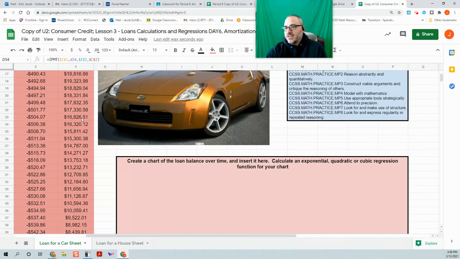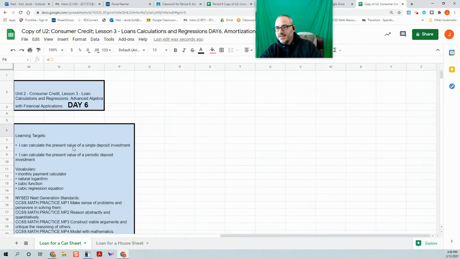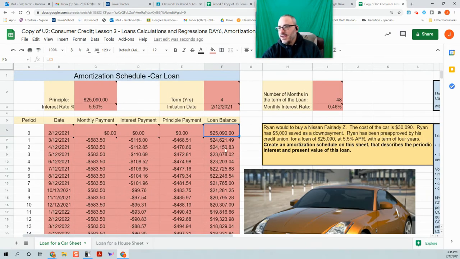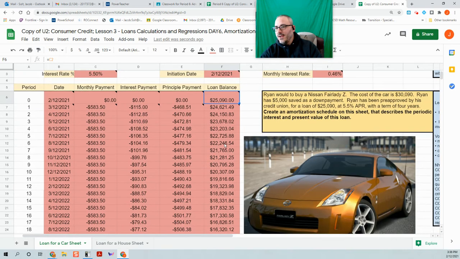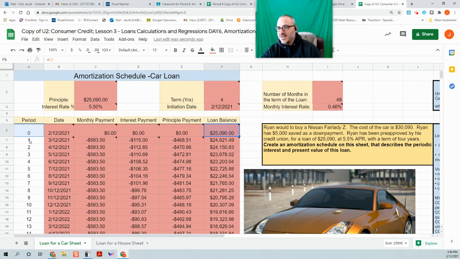I need to create a chart. So let me see. I'm going to select this, my loan balance. That's not what I wanted. Get back over here, spreadsheet. All right, I want him from there. Oh, actually, you know what? I want him, and I want it all the way down, right? Okay, so how am I going to do that? Now, so I selected this.